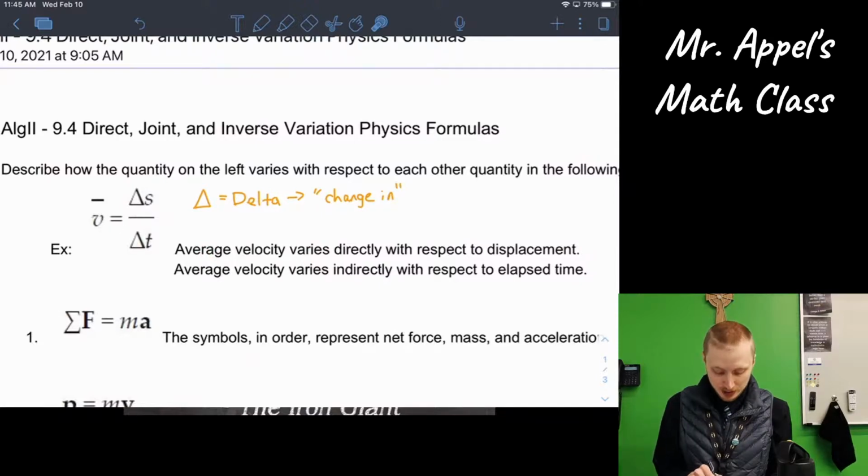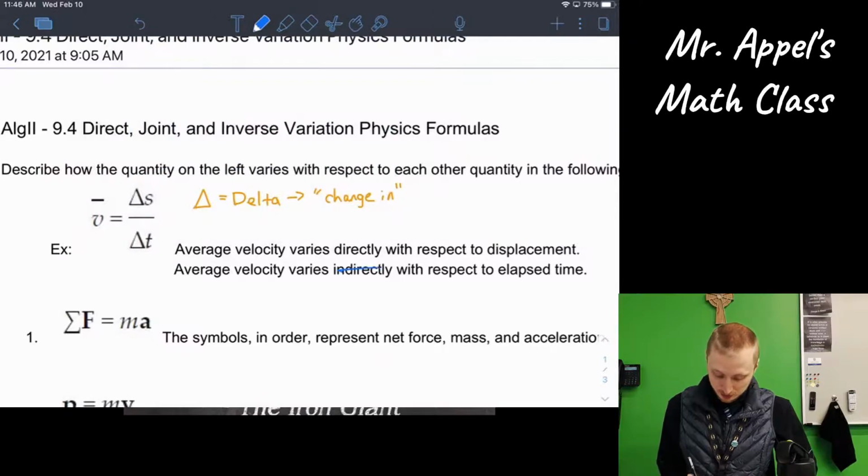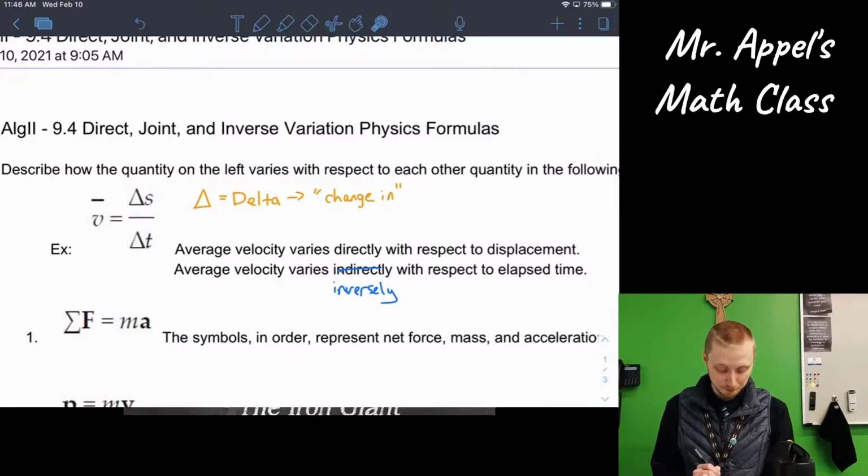And so what this equation is saying, more specifically, is that this symbol means average velocity varies directly, because this is being multiplied up here, with respect to displacement, change in position, and it varies indirectly, inversely. Maybe I should have said inversely. I bet I will need to go change that in the type up, right? Inversely with respect to elapsed time, right?